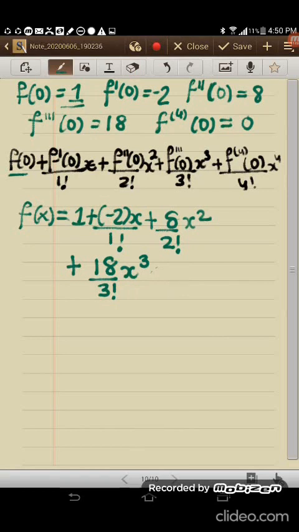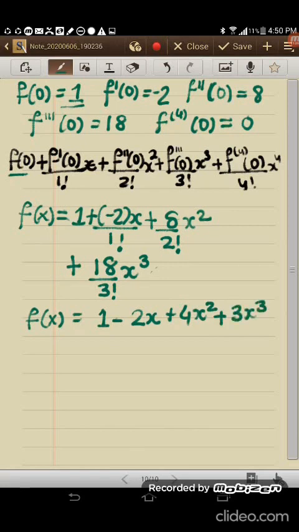So f of x equals 1 minus 2x plus, 8 over 2 factorial is 4, so plus 4x squared, plus 18 over 3 factorial is 18 over 6, which is 3, so plus 3x cubed.